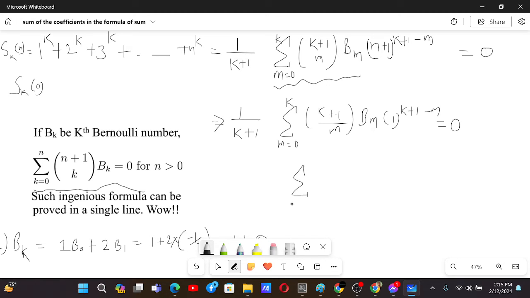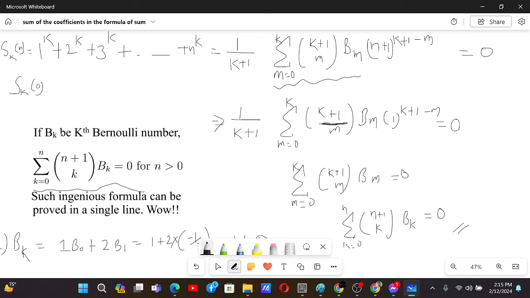So we have the sum from m equals 0 to k plus 1, this is just the binomial coefficient, k plus 1 choose m, B of m, equals 0. Now replace m by k and k by n. We have the sum from k equals 0 to n plus 1, n plus 1 choose k, B of k, equals 0.